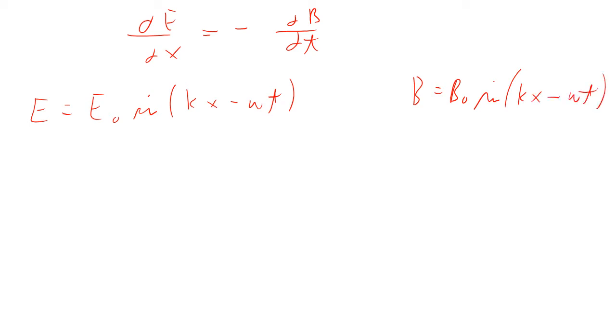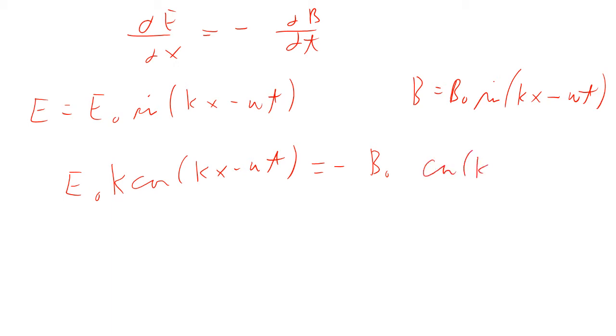Taking the derivative of E with respect to x, we get E naught, and the derivative of the sine is the cosine, so cosine kx minus omega t, with a k out in front. That equals minus the derivative of B, so B naught cosine kx minus omega t, with a minus omega out front. That minus makes it a plus, and we get an omega.